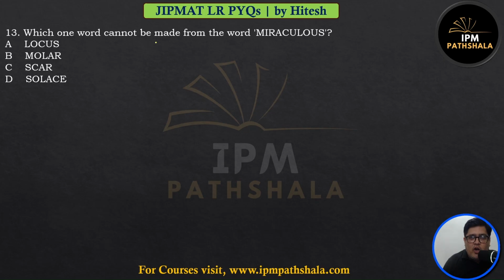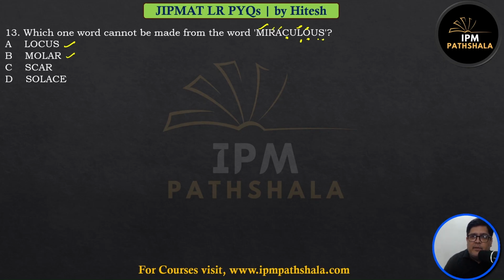Which word cannot be made from the word? So the idea is, you form locus, L O C U S. You can form this. Can you form molar, M O L A R? You can form this. The question is, what can you not form?